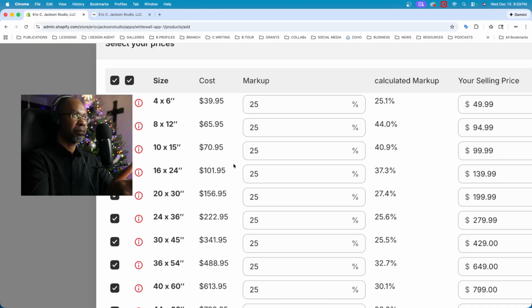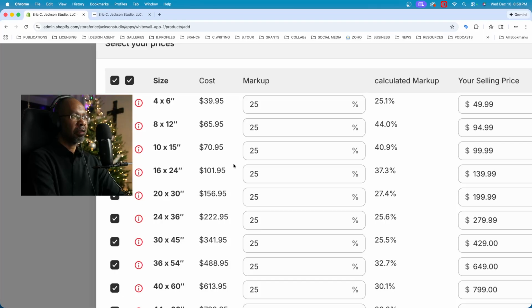Because when the base price changed, I didn't know the base price changed. And then also I didn't know it was going to throw off the markup percentage. So that is a noticeable issue.